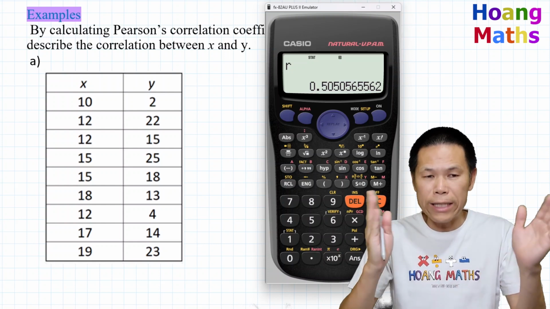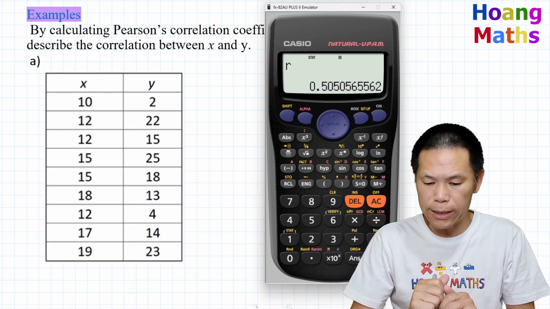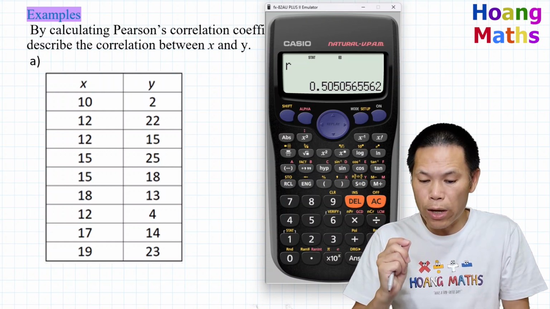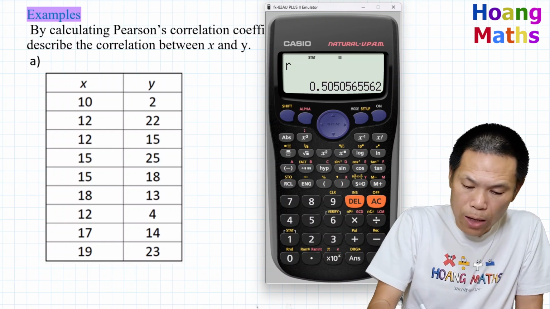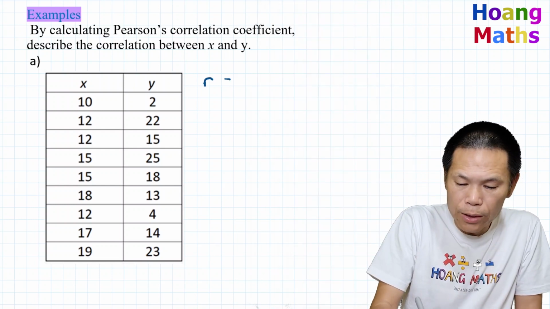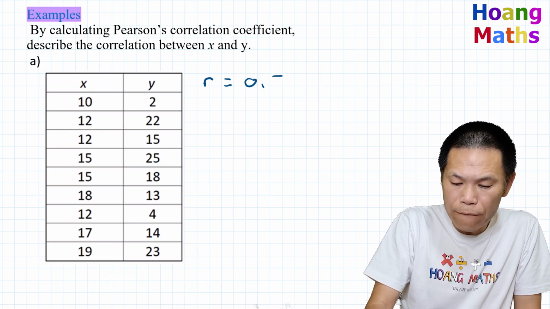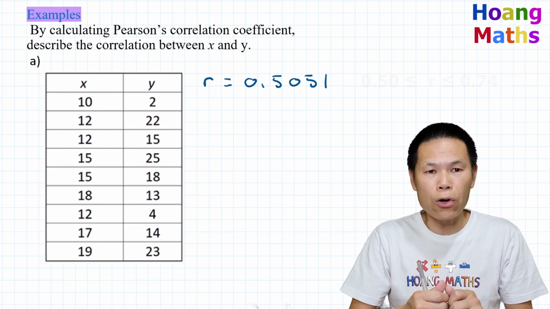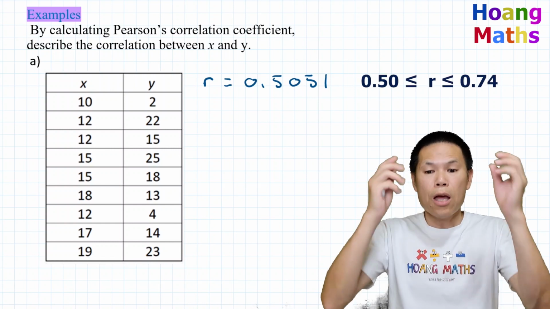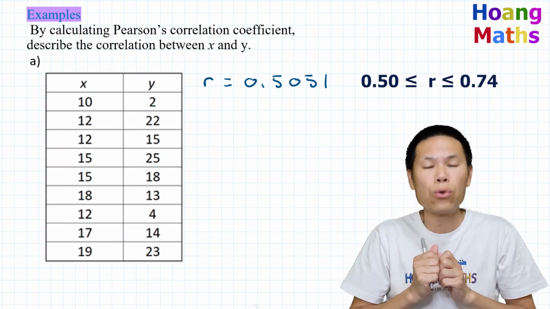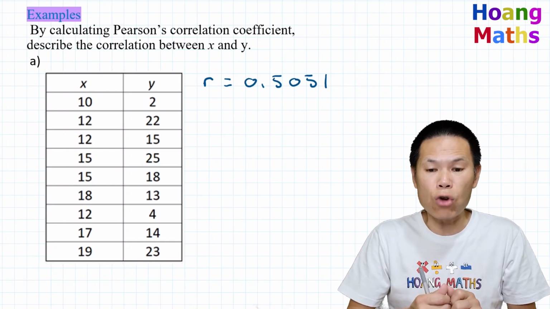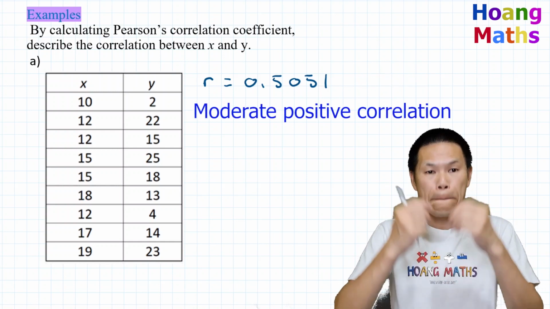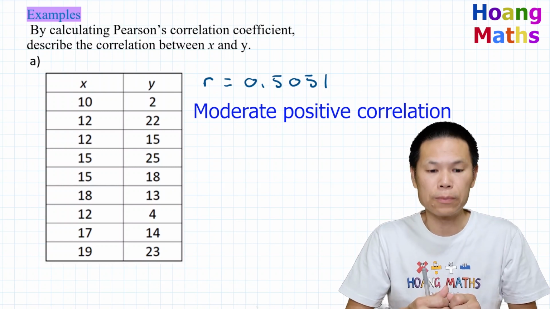Let's write it down correct to 4 decimal places, that is 0.5051. So R is equal to 0.5051. So the correlation is between positive 0.5 to 0.74. Therefore it is described as a moderate positive correlation.